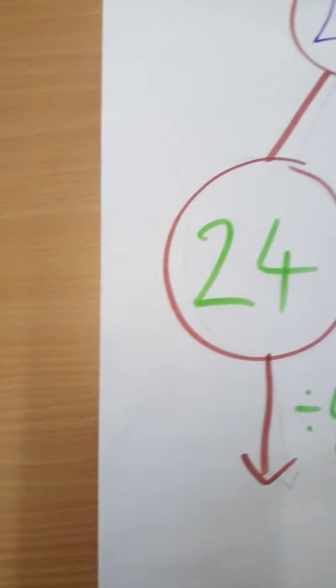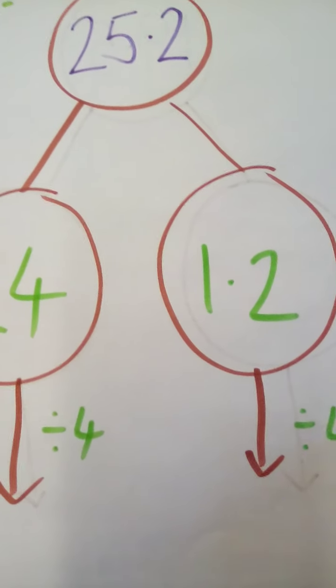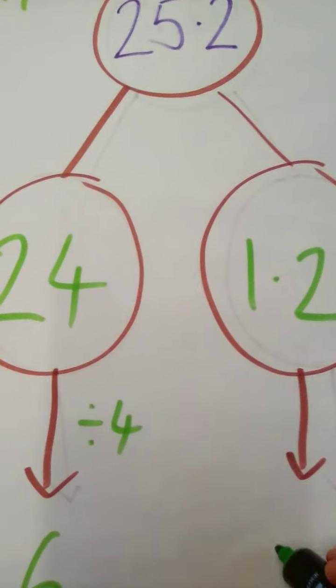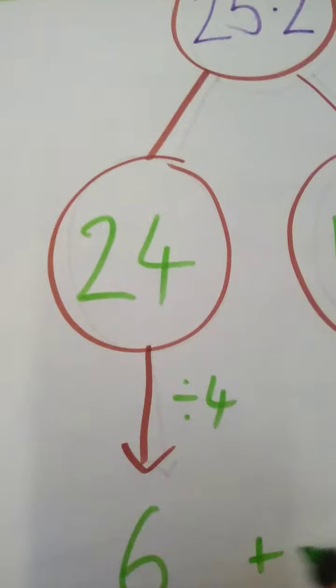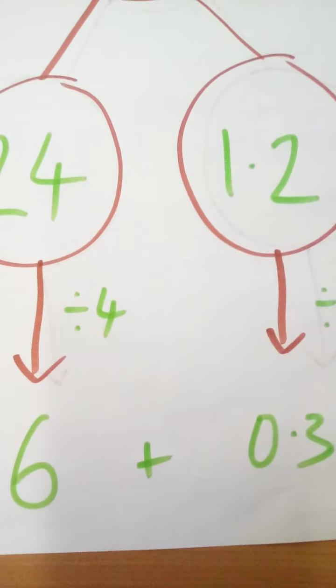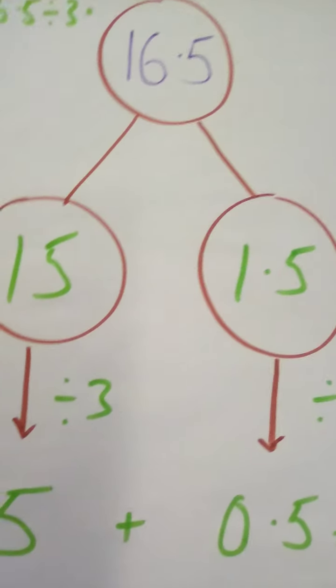So if I put divide by 4 here and divide by 4 here, 24 divided by 4, 6. 1.2 divided by 4, 0.3. If I recombine those two, 6 plus 0.3 is 6.3. And that is how you would have had a go at answering question 5 today using that partition method.